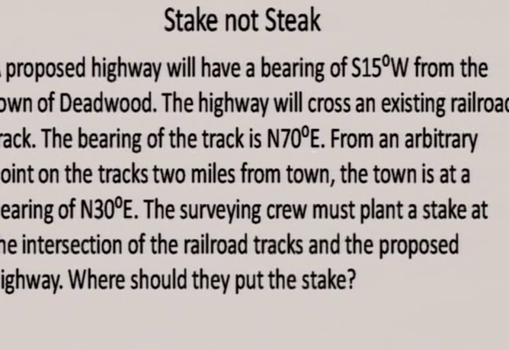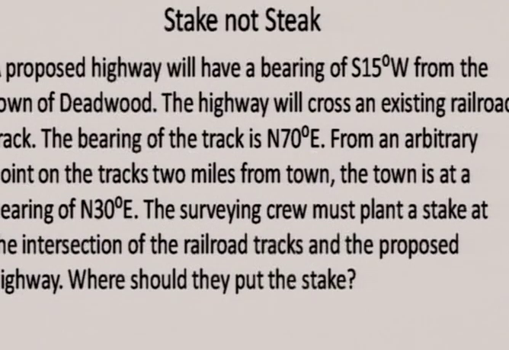Okay, the last problem that we have to do in this section looks like it's going to be the most complex, but there are some real things you can learn from doing this problem that might not be learned with a problem that sounds a little simpler. A proposed highway will have a bearing of south 15 degrees west.